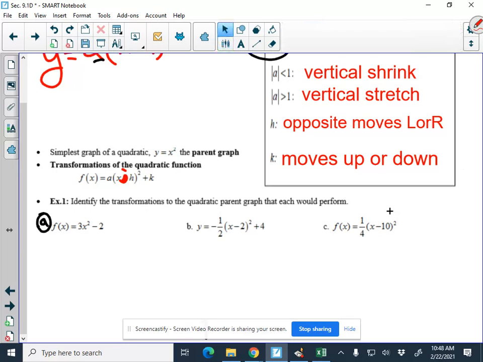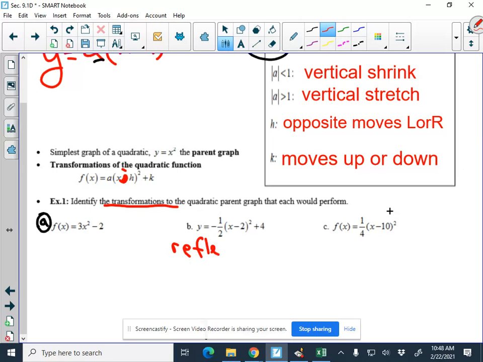So B, it says identify the transformations. We're transforming it. They're the things that happen. This one will reflect on the x-axis because you see that negative in front. The other 2 will not.